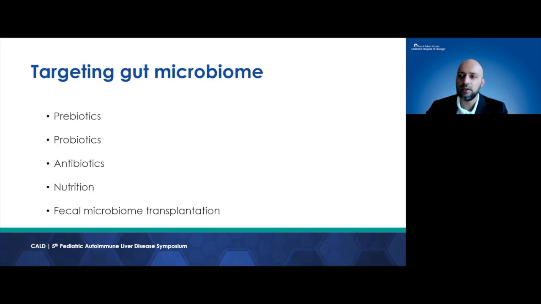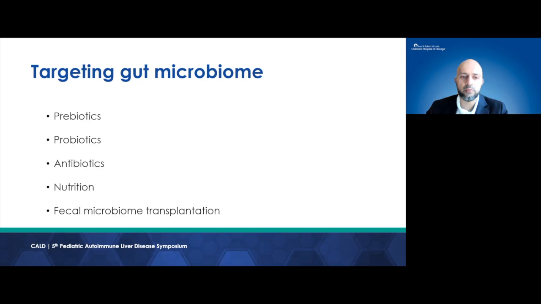So one area to target is the gut microbiome using prebiotics, probiotics, antibiotics such as rifaximin, nutrition, and FMT. The most common antibiotic that we generally use is rifaximin, which leads to reduced endotoxemia and modulates the gut microbiome.